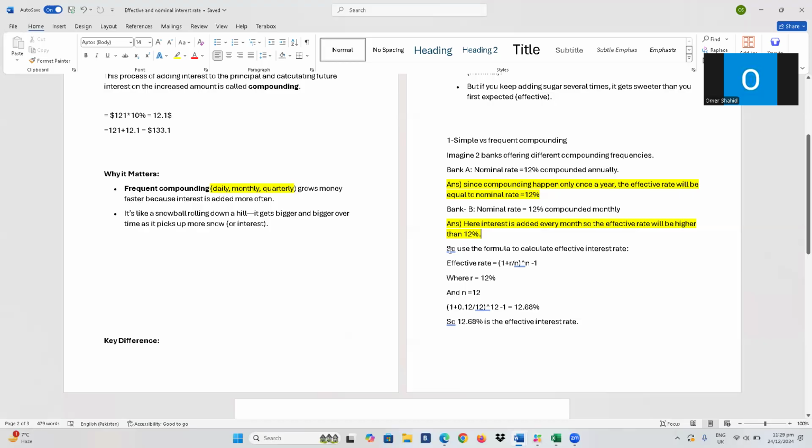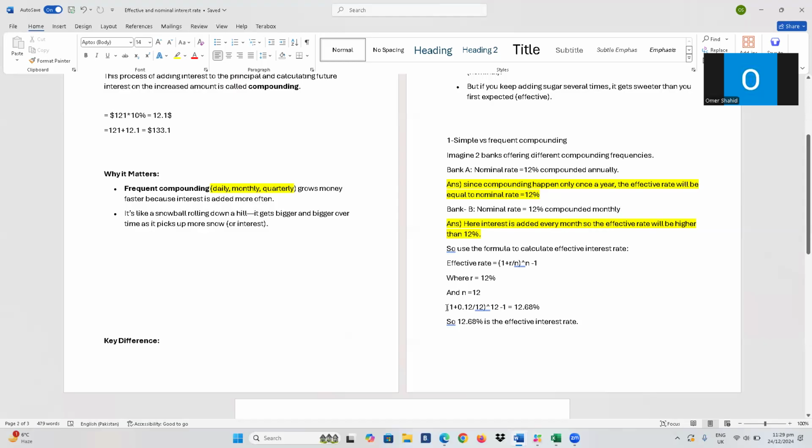Now, how much will our interest rate be? We know it will be higher than 12%, but how much? We need to use the same formula for calculating the effective interest rate, where R will be 12% and N will be 12, because this interest rate is compounded monthly and there are 12 months in a year.